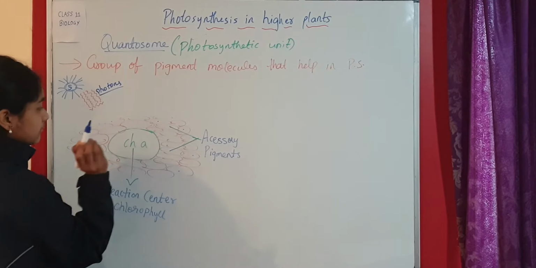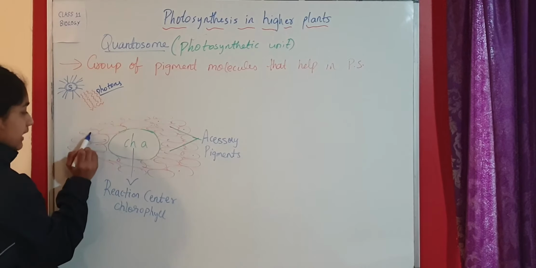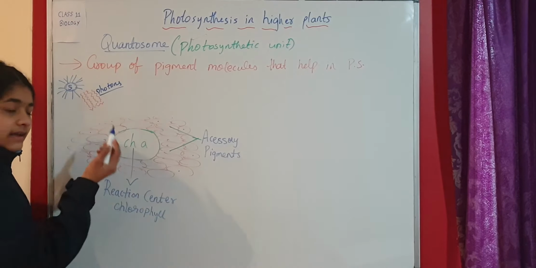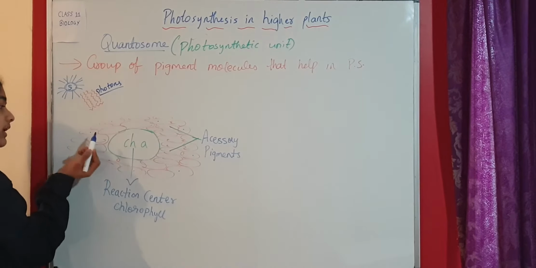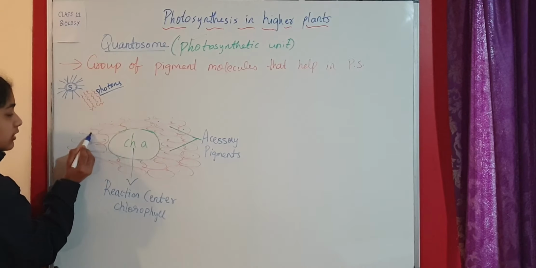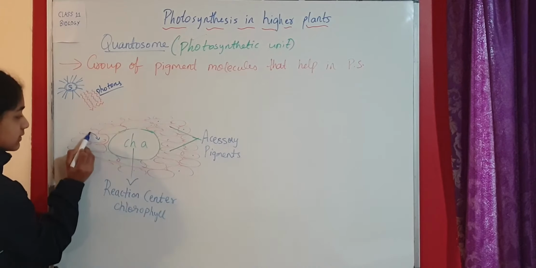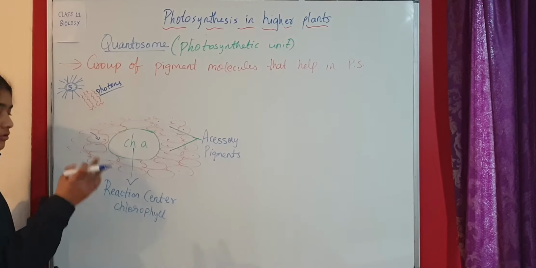Now what happens is, let's take this molecule for our understanding. So this molecule got the light energy from the sun. That means now this molecule has the energy, and it is going to pass its energy to the molecule which is present inside it, just near it.